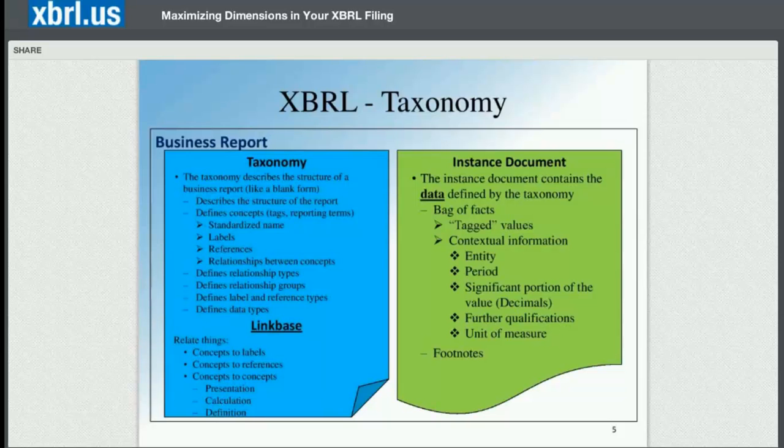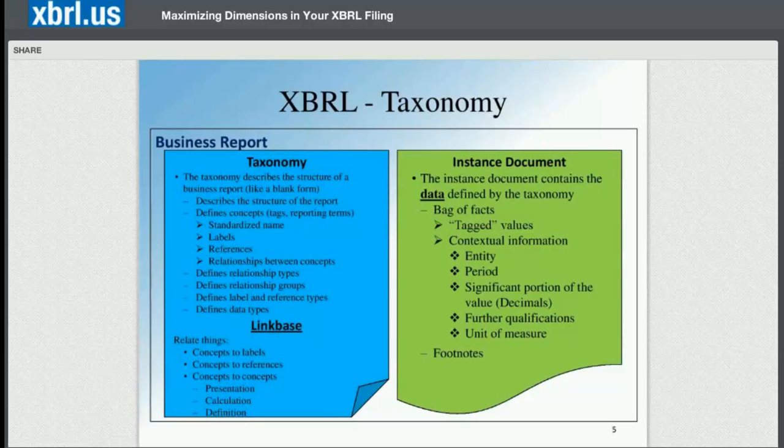The definition link base contains all of the other relationships not provided by presentation, which only has a parent-child relationship, or calculation, which only has a summation-item relationship. So the definition link base is where all your XBRL table, i.e. dimension, relationships are established, as well as many other relationships provided by the global specification.